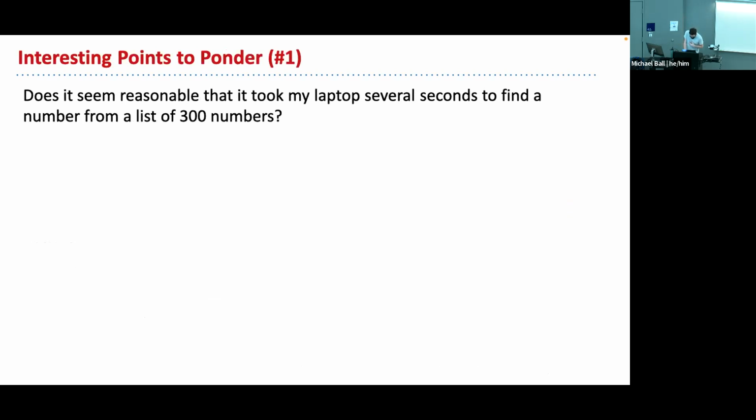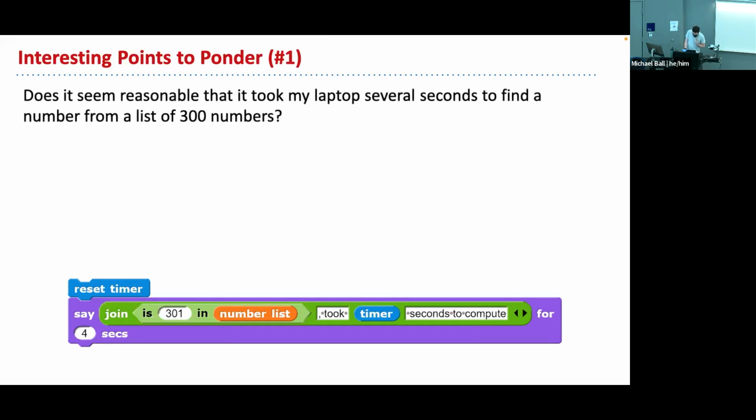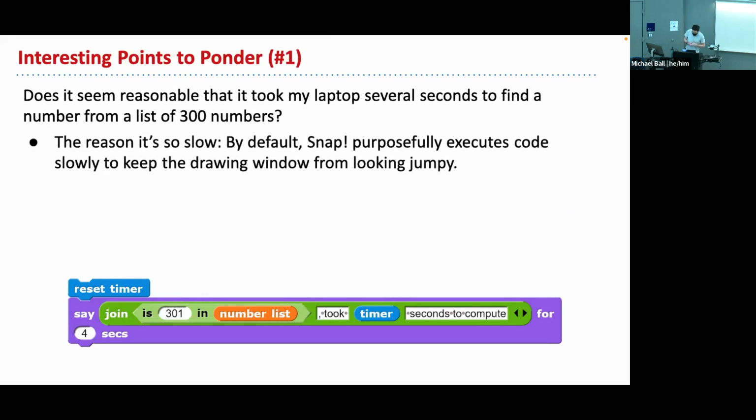So does it really seem reasonable that this is the case? Well, it turns out, no, in general, it's not super reasonable. Computers are, if nothing else, very good at dealing with numbers. What Snap is actually doing here is intentionally slowing down the way that things work, such that if you're drawing something like in our first few labs, when we draw squares, when we draw fractals, Snap does a whole bunch of things to make that drawing and animation a lot more smooth.